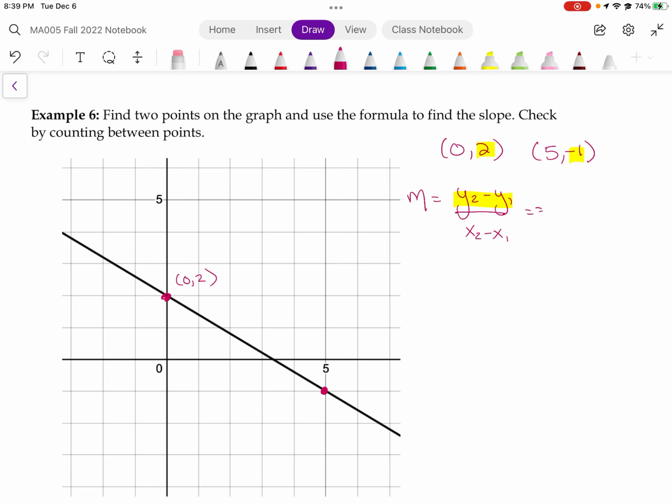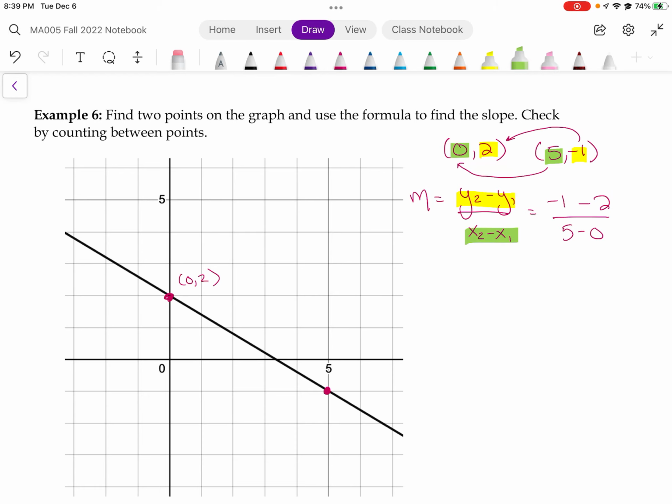Okay, so negative 1, I put too many equal signs, didn't I? All right, negative 1 minus 2. All right, now I have to go in the same order. I said negative 1 minus 2. Now I have to say 5 minus 0. 5 minus 0. That's going to be that minus that. Those two right there. You must subtract in the same order.